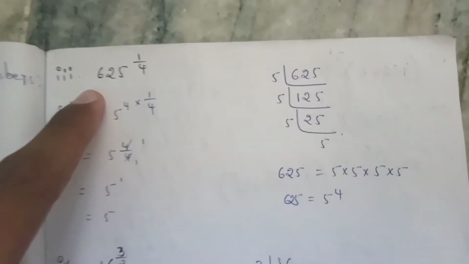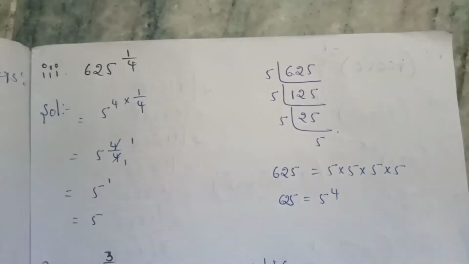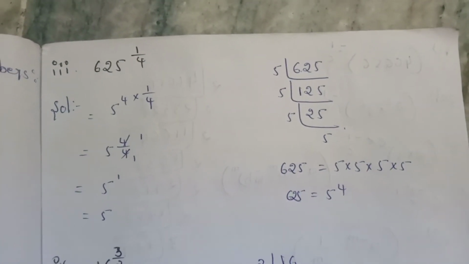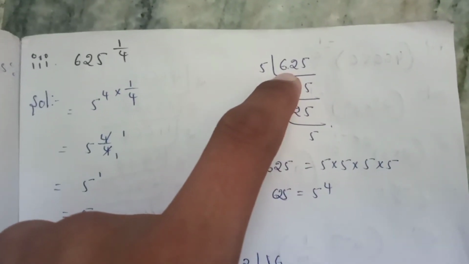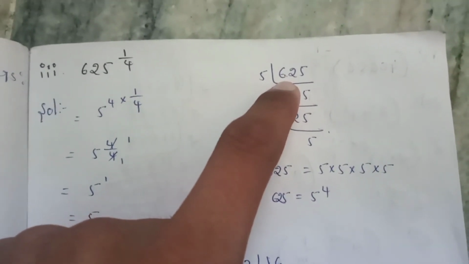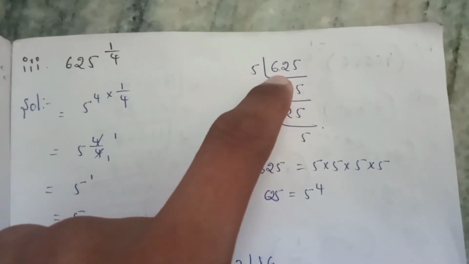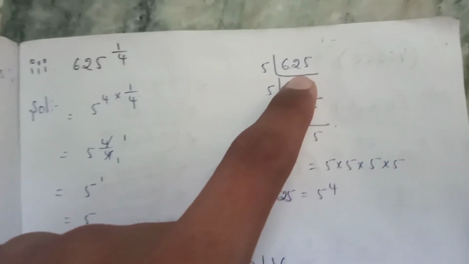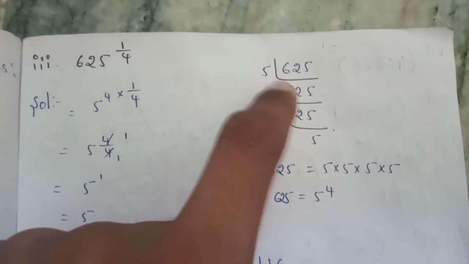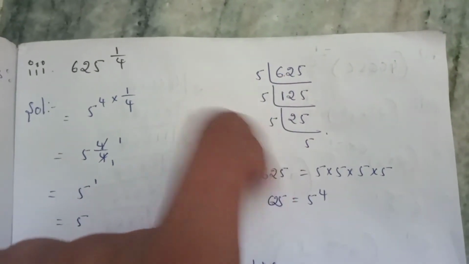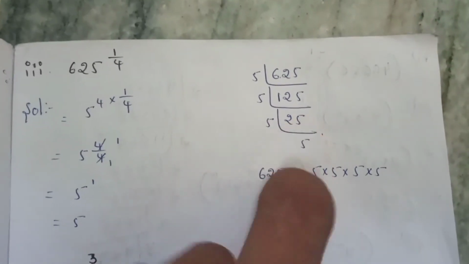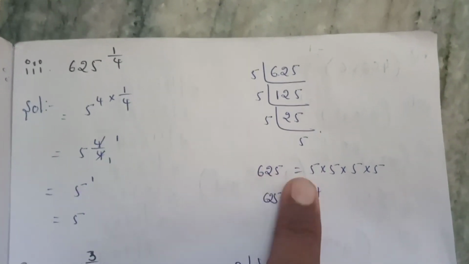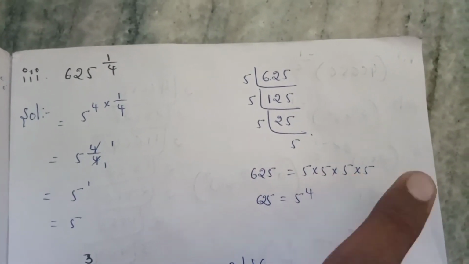Next, third one, 625 power 1 by 4. See, 625. In 2 table, 625 is not possible. Next we have to take the next prime number. 3 table, not possible. 5 table we have to take. 5 125s are 625, 5 25s are 125, 5 5s are 25. 625 can be written as 5 into 5 into 5 into 5.